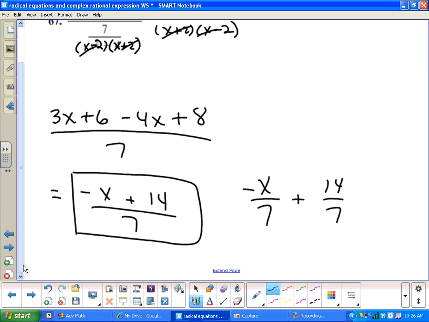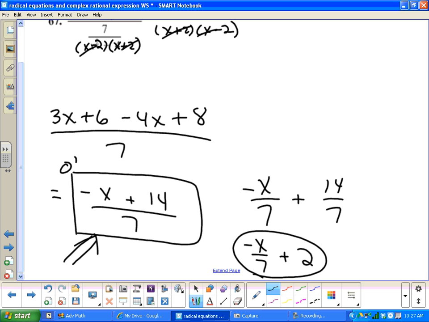You would have to split it. And if you split it, then you can reduce it. Okay? So it'd be negative x over 7 plus 2. Now, for me, I think that right there is perfectly okay. I prefer that answer. But usually, when you get into college algebra, that's what they're going to expect. But for you guys, we'll let that be okay.